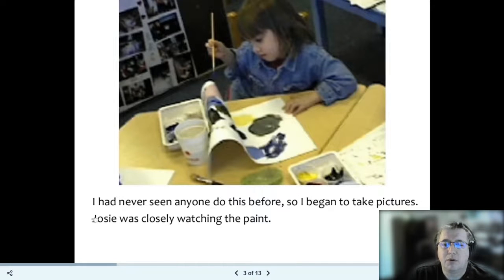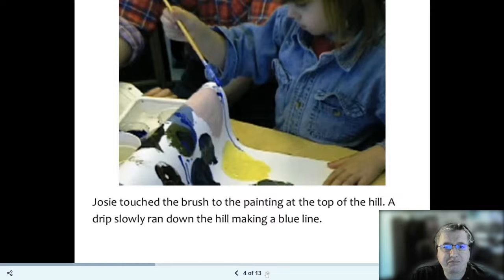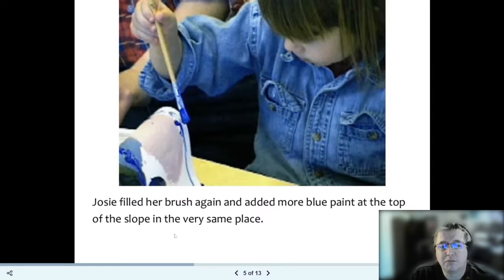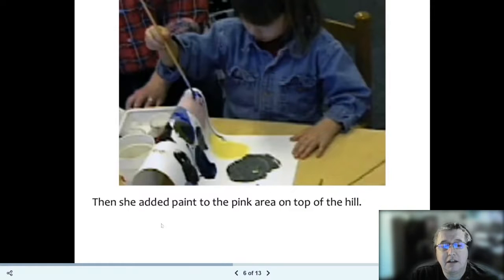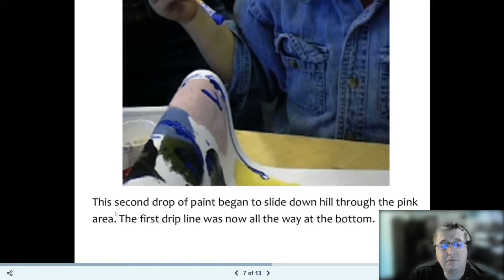I had never seen anyone do this before, so I began to take pictures. Josie was closely watching the paint. Josie touched the brush to the paint at the top of the hill. A drip slowly ran down the hill, making a blue line. Josie filled her brush again and added more blue paint to the top of the slope in the very same place. She added paint to the pink area of the top hill.